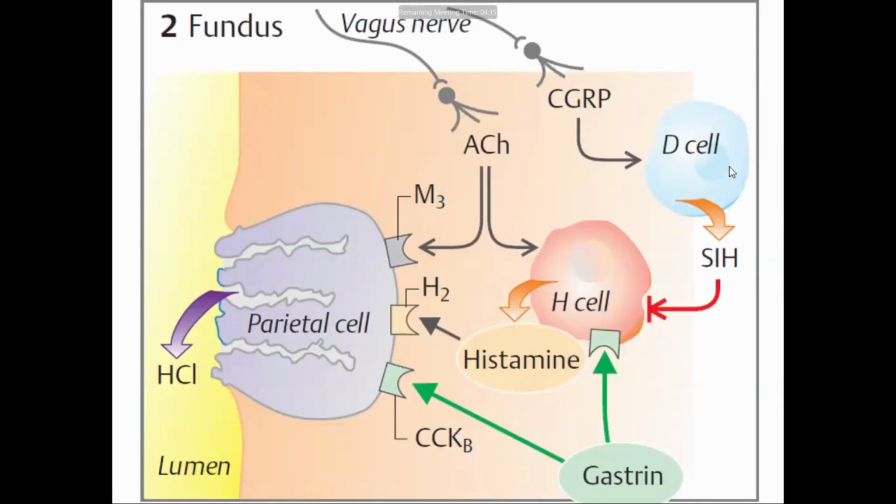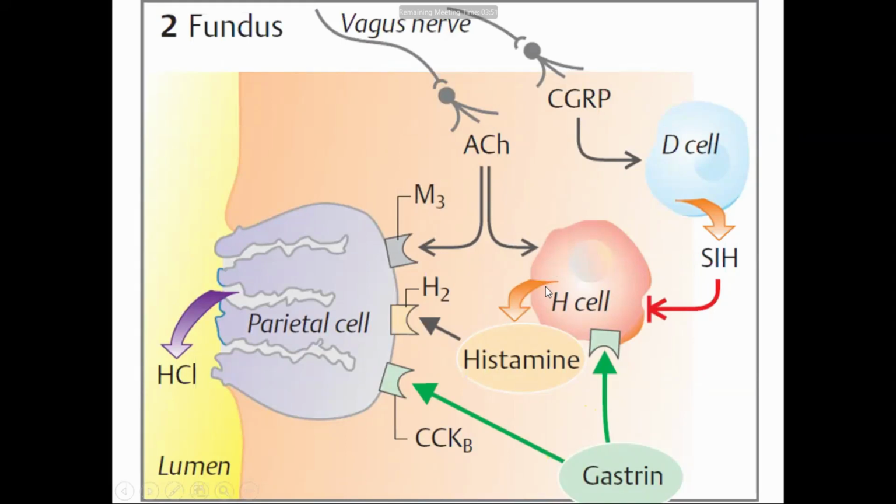This is the D cell, this is the H cell, this is the parietal cell. In the parietal cell, there is the M3 receptor. The vagus nerve will release acetylcholine as the neurotransmitter in the parietal cell, and it will release acetylcholine as the neurotransmitter in enterochromaffin-like cells or H cells.